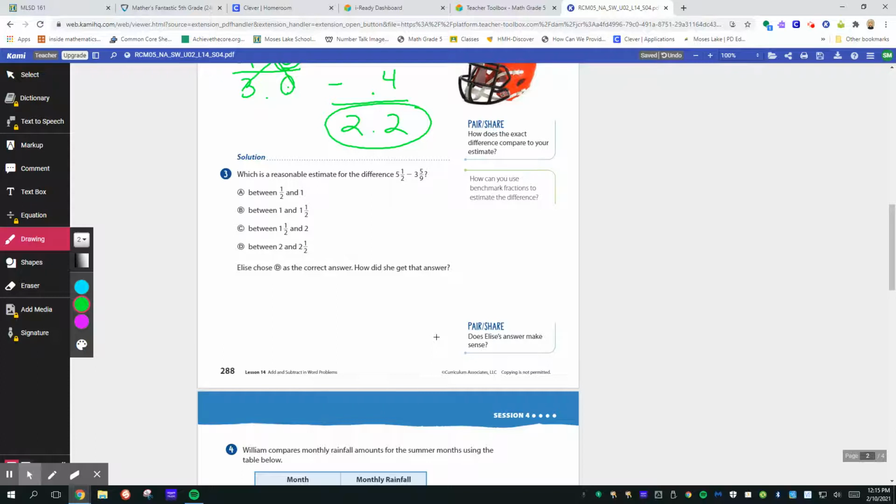Number 3, which is a reasonable estimate for the difference between 5 1/2 minus 3 5/9? 5/9 is really close to a half, isn't it? Because 5/10 would be a half. It's a little bit more.